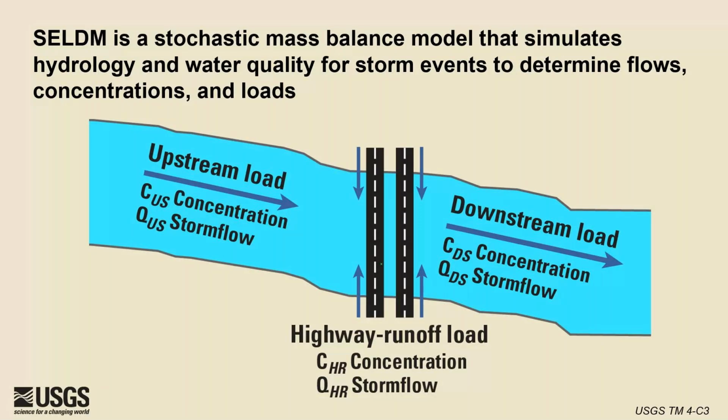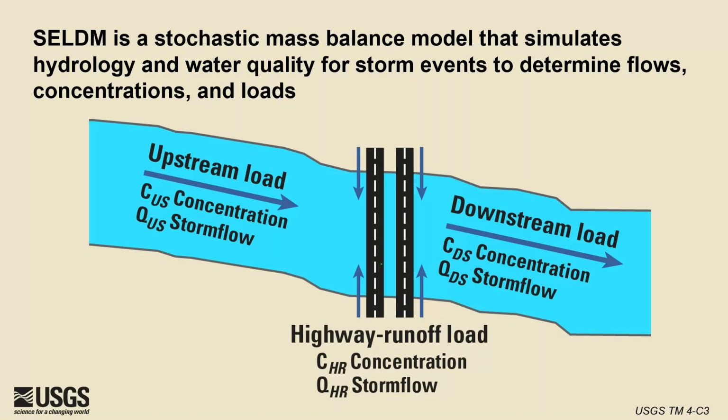discharge. So the upstream and highway concentrations are stochastically simulated in SELDM, and those concentrations are based on statistics from published data sets, and they are then summed to determine the downstream load.